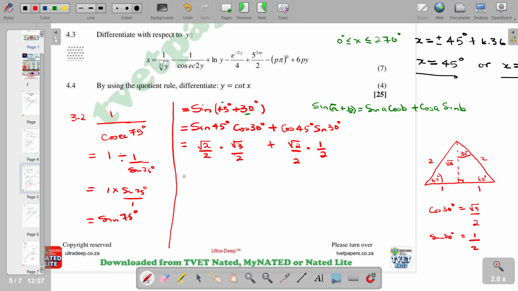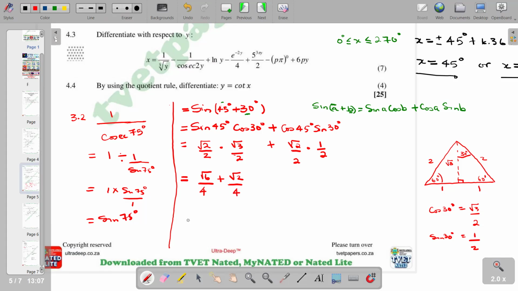So when you simplify this, root 2 times root 3 is going to give us root 6, plus root 2 times 1, which is root 2. Take note, our denominator here was 4, and our denominator on the other one is 4 again, which is 2 times 2.